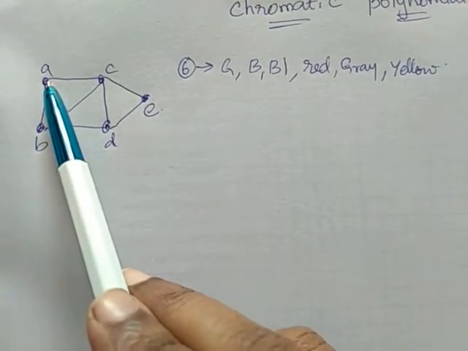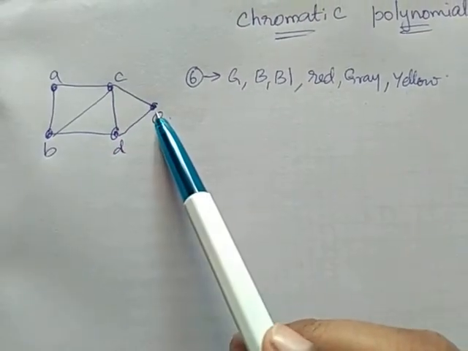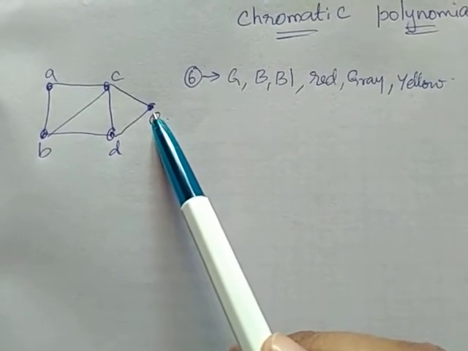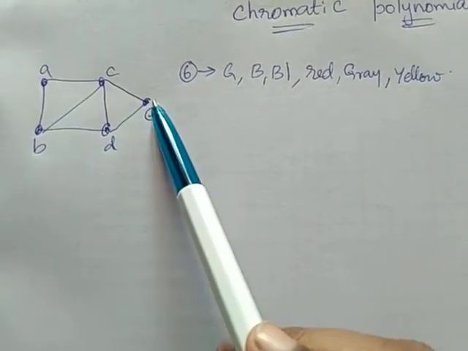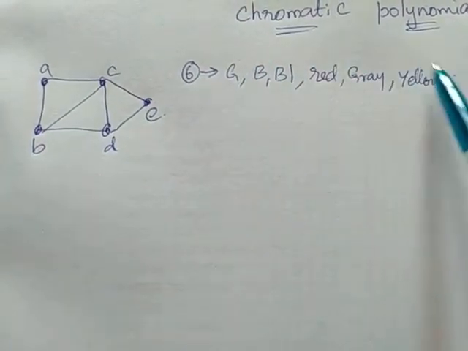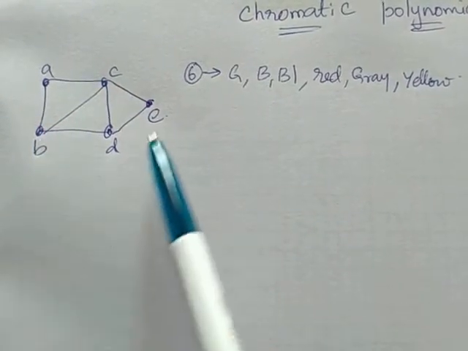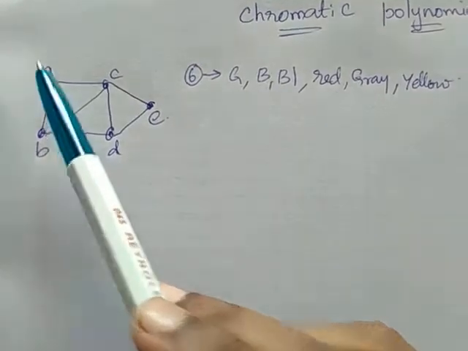I'll assign A as green, blue, black, red, grey. This is one of the ways to color the graph properly. Or I can color blue, black, red, grey, yellow. That is another way. So I can choose any 5 of these colors and I can color the graph properly. Or I can choose blue here.